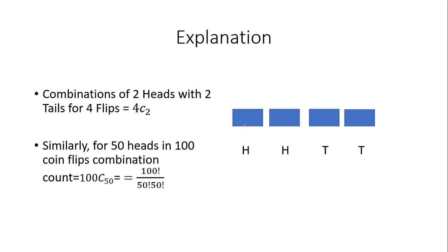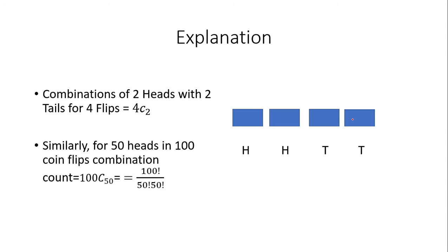If we arrange the sequence, we place the 2 heads first, and there are only 2 places left. How many combinations are there to arrange 2 heads in 4 places? The formula for that is 4C2. So the number of combinations of 2 heads with 2 tails for 4 flips will be 4C2.